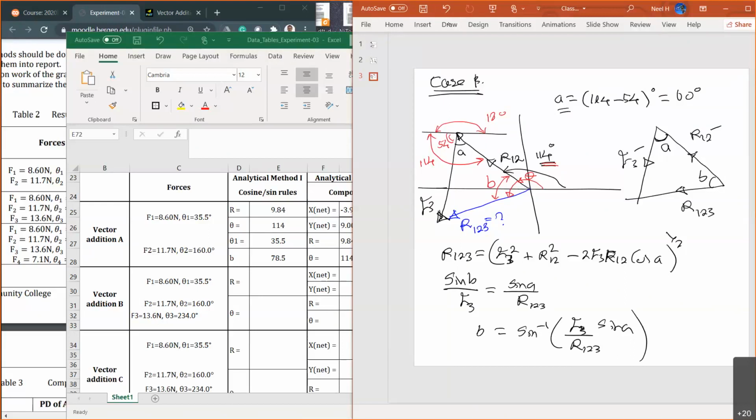And to find the real angle theta, you have to do this extra calculation. Theta is going to be equal to B plus 114. Then I have the theta, or the angle, for R1, 2, 3. That's the cosine method for case 2.